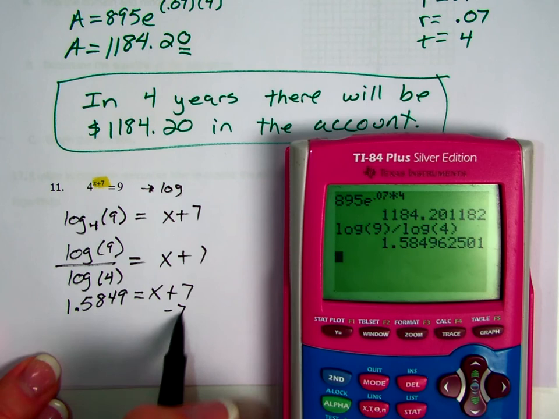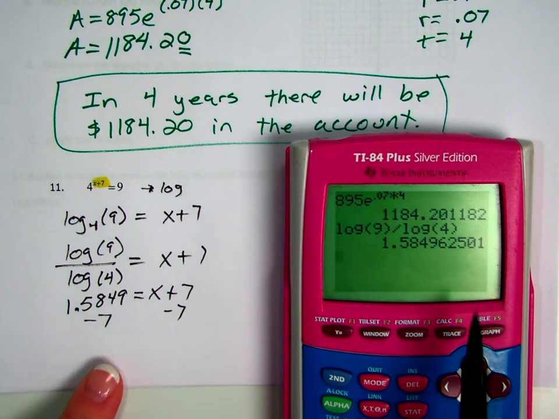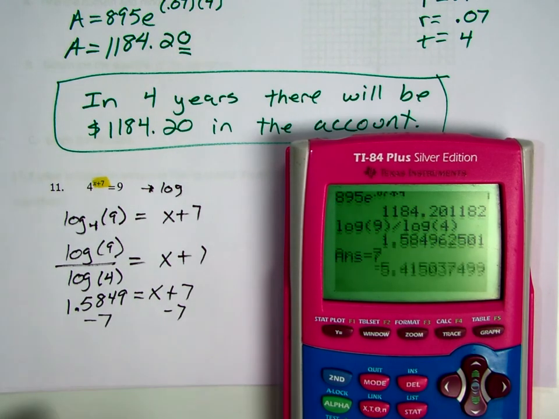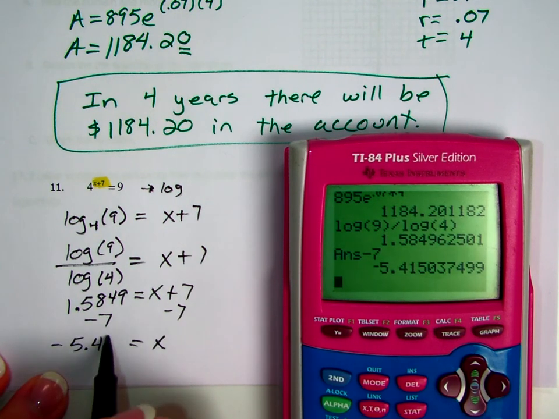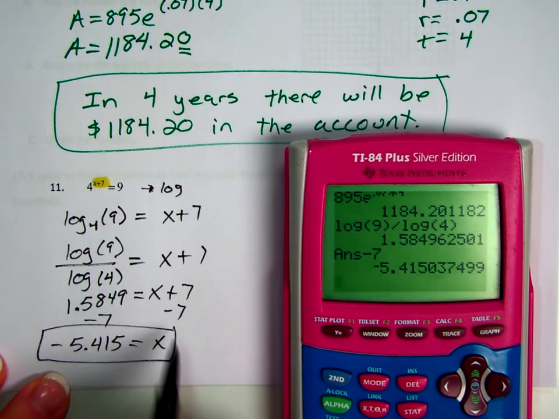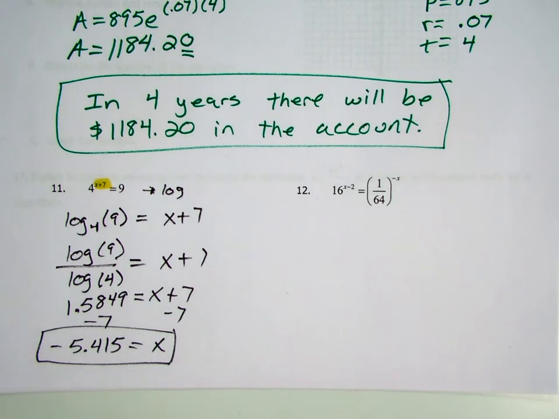Then I'm going to subtract 7 from it. Now, when you do this, leave that in your calculator so you get the most exact answer and just press minus 7. That tells me that x should equal negative 5.415. Okay?